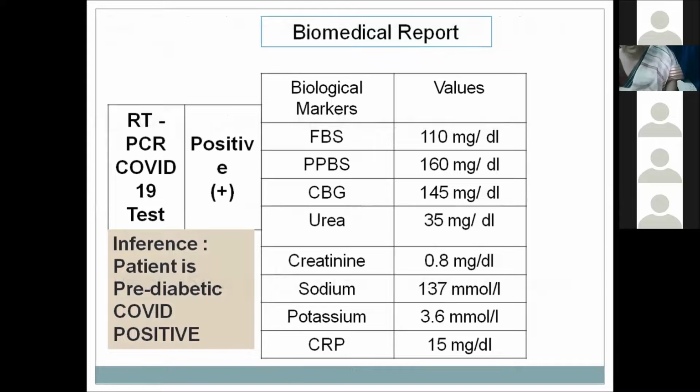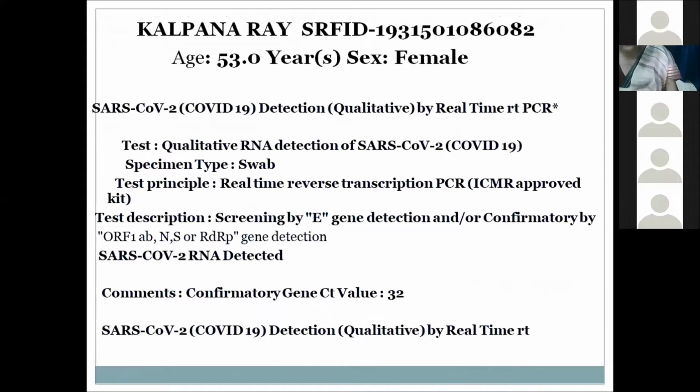These are all biochemical reports: COVID positive, pre-diabetic, FBS, PPBS, CBG, urea, creatinine was okay, sodium also okay, potassium was okay, CRP was only 15. This is the COVID report after 2 vaccinations. The virus load was 32 only.